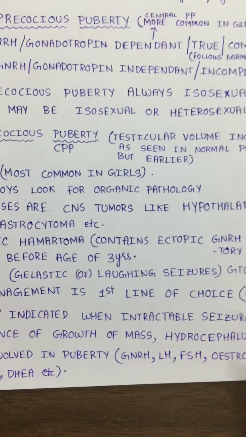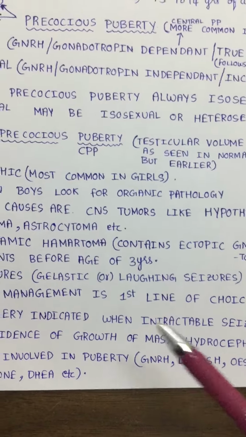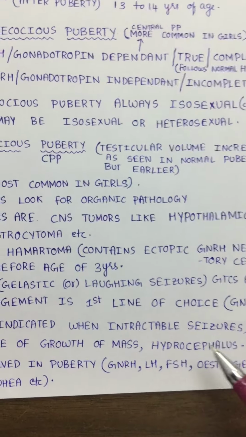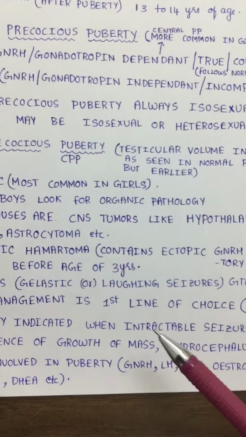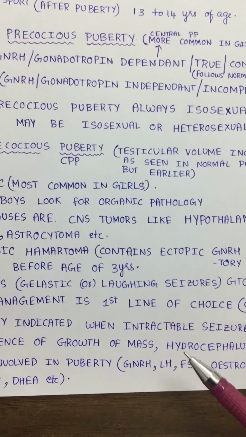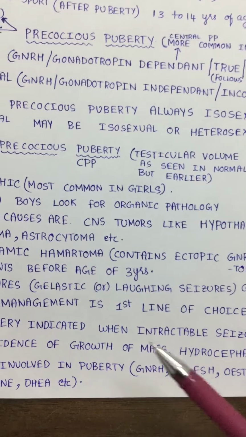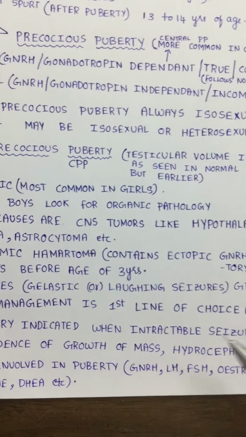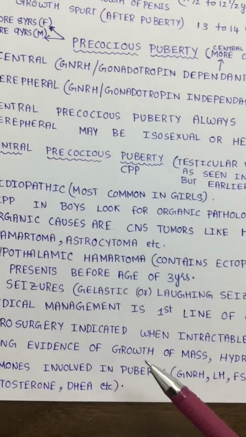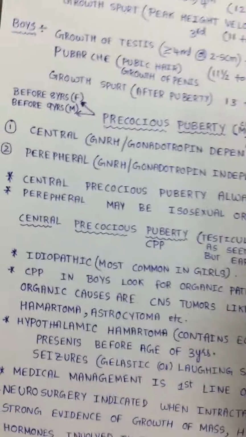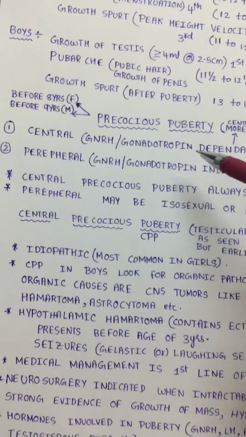And if there is hydrocephalus, because this tumor can block the third ventricle, leading to obstructive or non-communicating hydrocephalus. Intractable seizures, rapid growth of the mass, and hydrocephalus are the indications for neurosurgery. So this is about central precocious puberty.